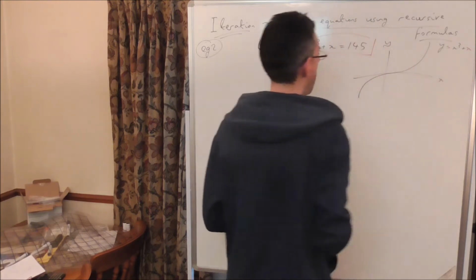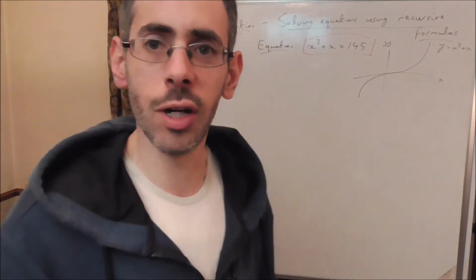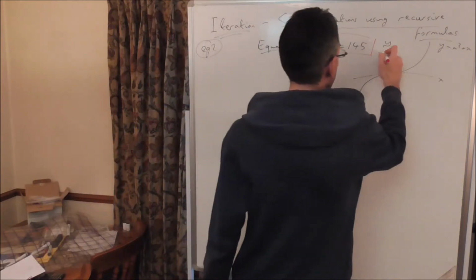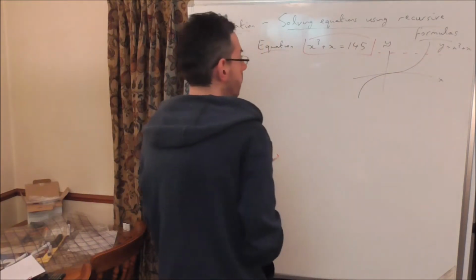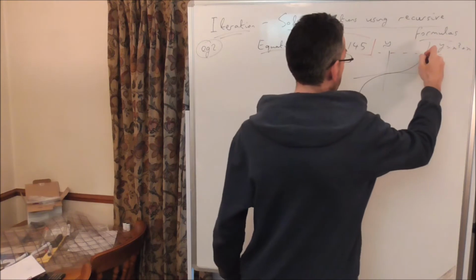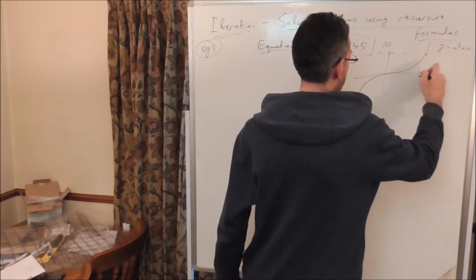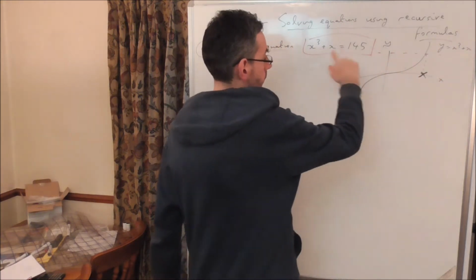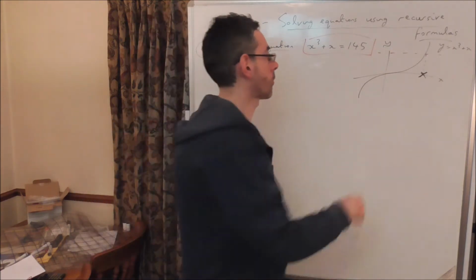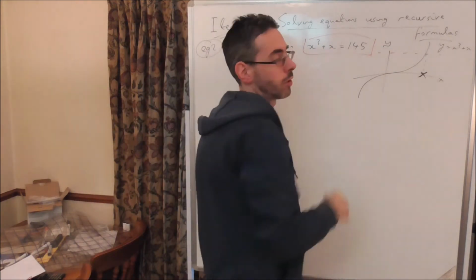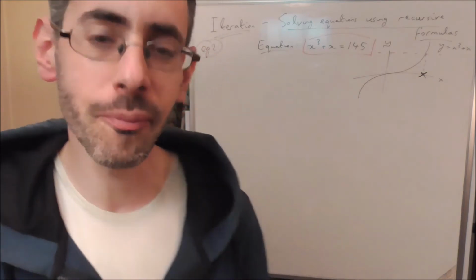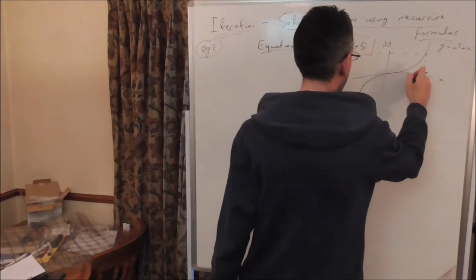X-axis, y-axis. And it's going to reach a height of 145 at some point. So there's going to be some x value where the graph has a height of 145. And this is a solution. This is the solution of the equation. This is the x value where that equals 145, and that's what we were trying to find. And we learned it was somewhere between 5 and 6.